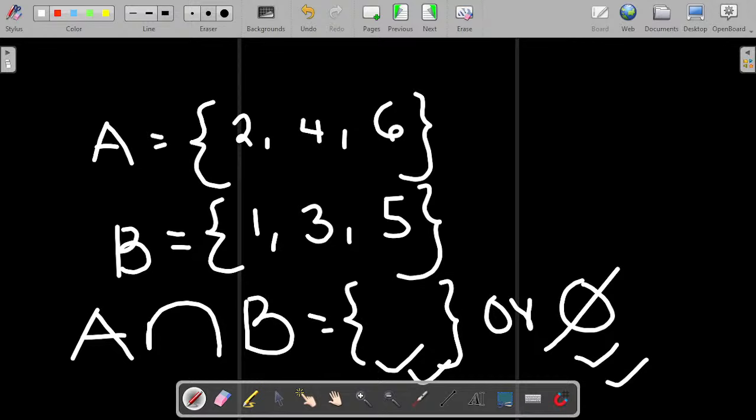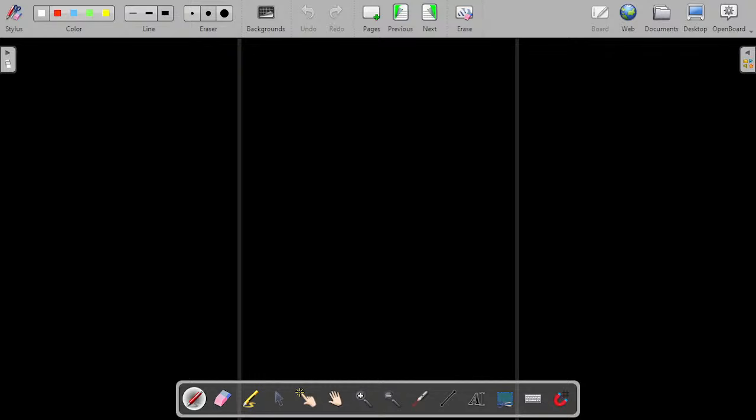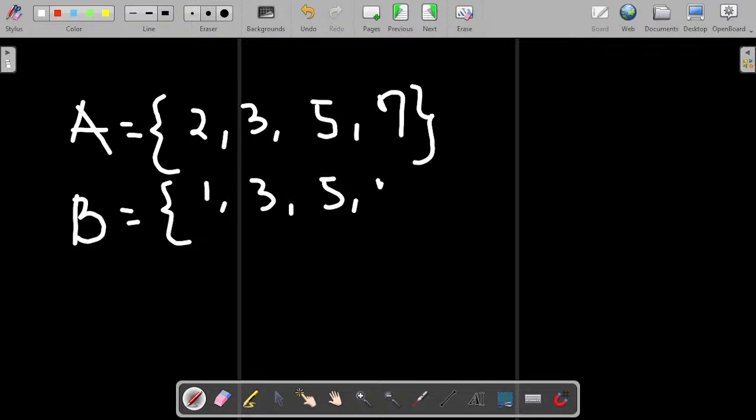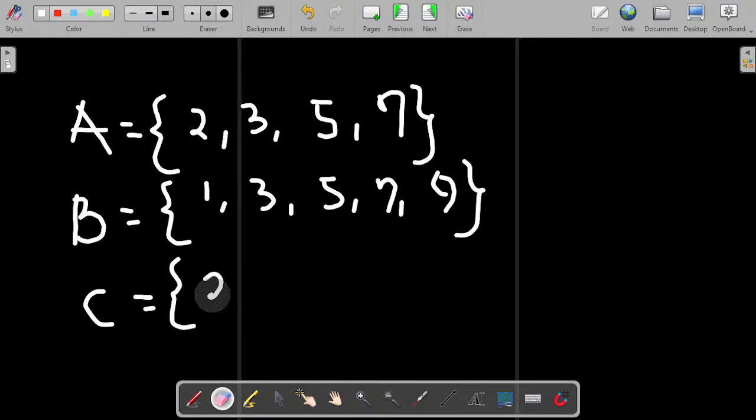So let's take the first one. They gave us set A, for instance. Set A is 2, 3, 5, and 7, and we're given set B as 1, 3, 5, 7, 9, and set C as 4, 6, 8, and 10.